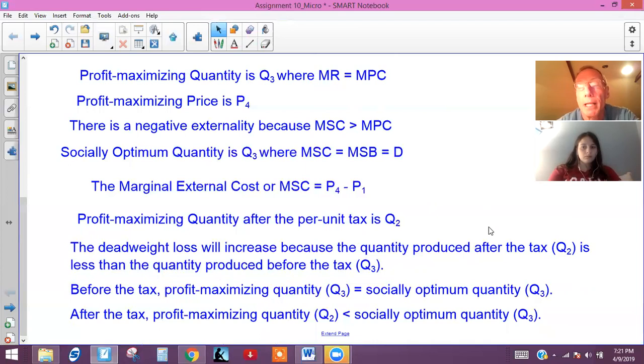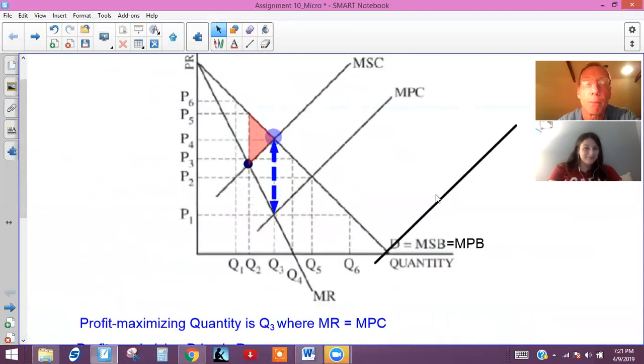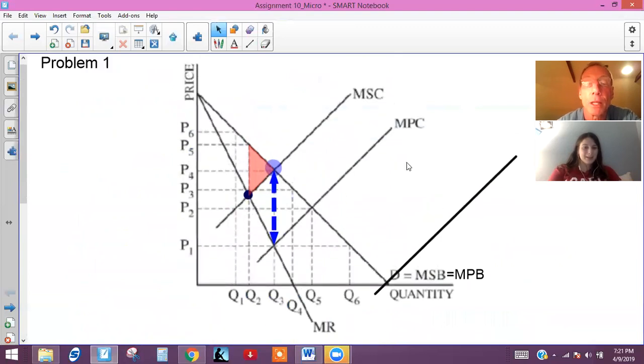So they're making kind of a political statement here. They're trying to sort of, in a backhanded way, say that taxing is bad, right? They should have not taxed it at all. I think sometimes the politics of the test writers come through here, because this is making a whole lot of assumptions. It just happens that the tax is the same as the marginal social cost.